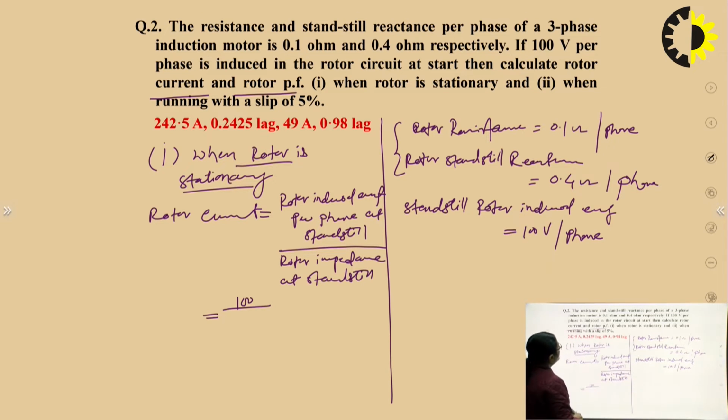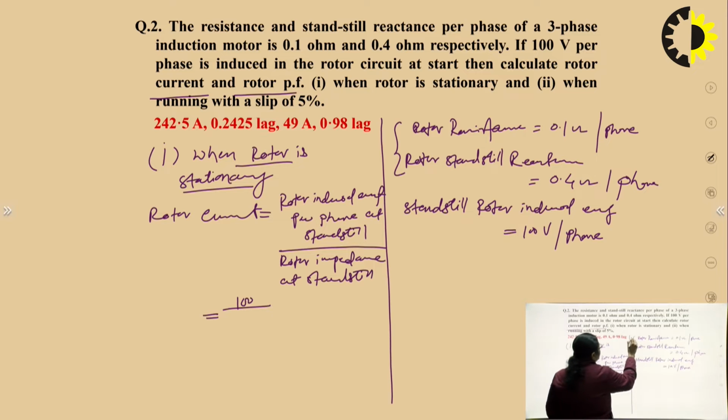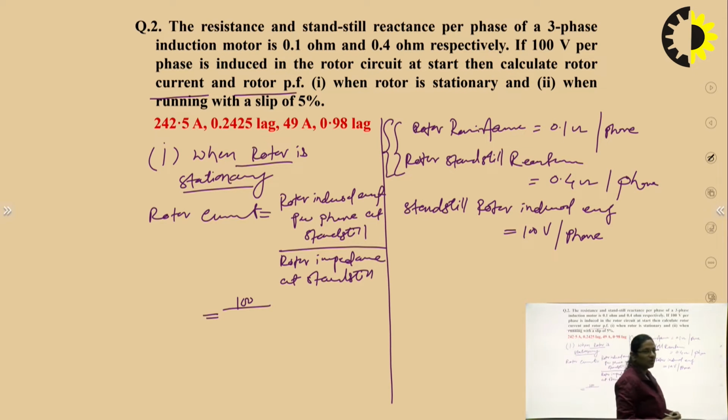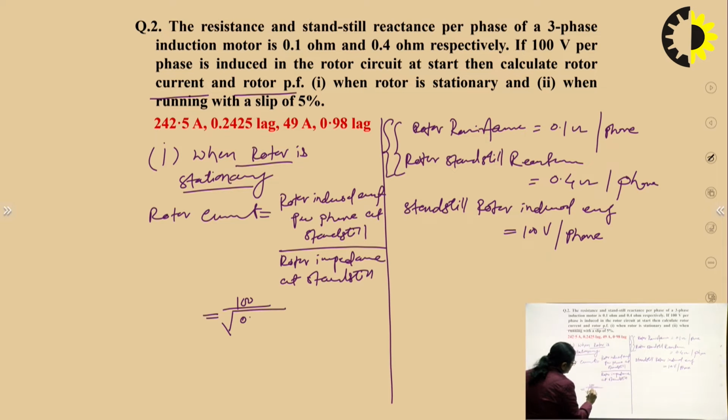And what about the rotor impedance per phase? The rotor resistance per phase is given as 0.1 ohm, and the rotor reactance per phase at standstill, as we know that the reactance is dependent upon the operating slip of the machine. So, the impedance at standstill can very well be written as square root of 0.1 square plus 0.4 square, right?